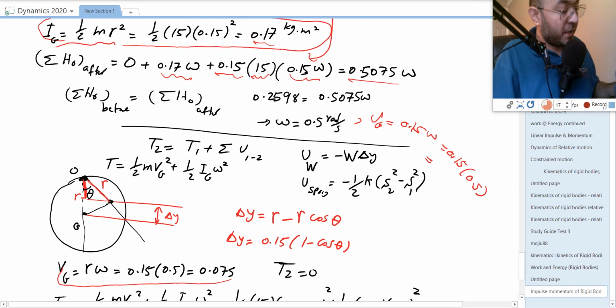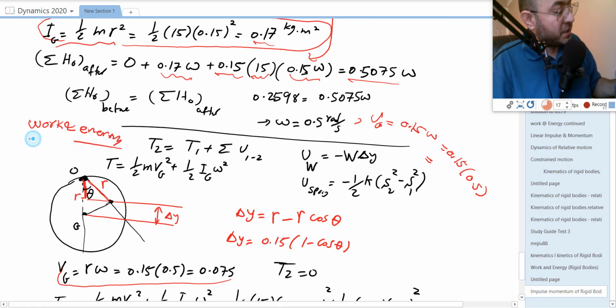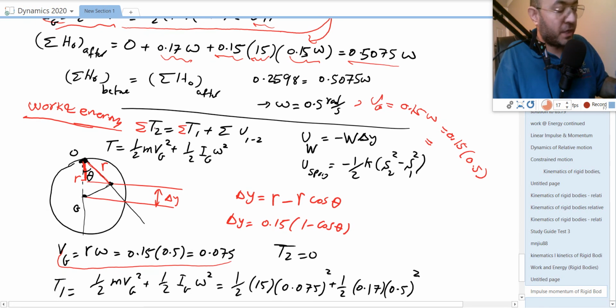In order to find how much the disk is going up, we're going to use the theory of work and energy. In work and energy, we say T2 is equal to T1 plus the sum of U1 to 2. What does this mean? T stands for kinetic energy in state 2 is equal to kinetic energy in state 1 plus the sum of the work done from 1 to 2.